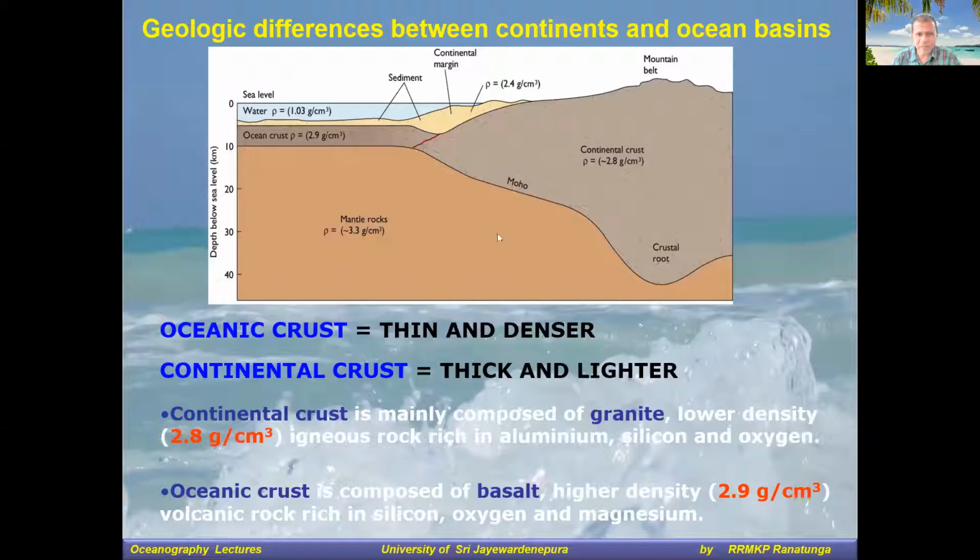This is the mantle at the bottom, and this is the crust, the ocean crust. Unfortunately the same color is shown, it should have different colors. But anyway, this is the ocean crust, and this is the continental crust, which is thicker than the ocean crust. And the yellow one is the sediment. A lot of sediment is deposited in the marine environment, especially close to the continental margin. So this is what we refer to as a continental margin.